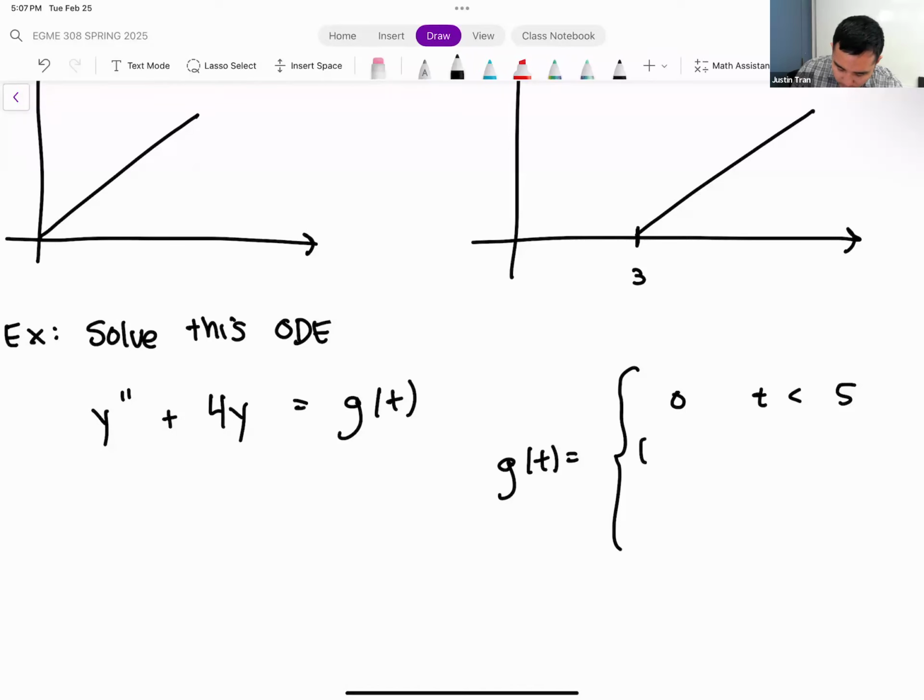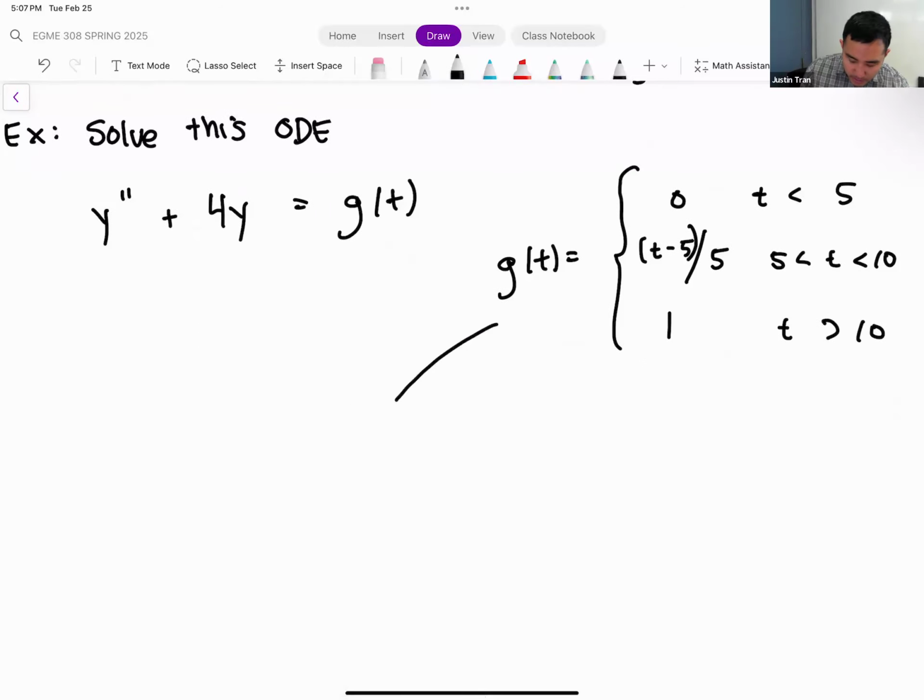It's going to ramp up, with a value of t minus 5 divided by 5 when t is between 5 and 10. And when t is greater than 10, our forcing function g of t is going to have a value of 1.